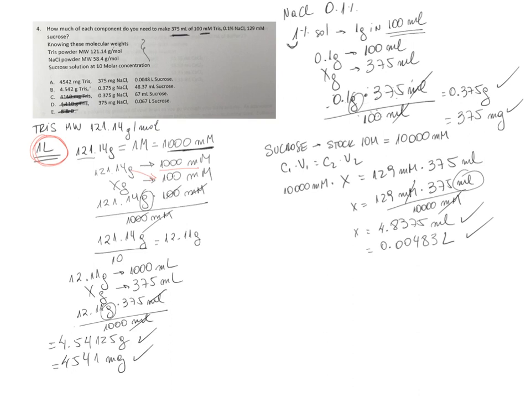So then now we go to NaCl, so we know that it can be 0.375 grams. We have it here, it is correct, or it can be 375 milligrams. So we cannot choose yet because all of them are correct actually for the NaCl. In the case of the sucrose, we know that it can be 4.8 mLs.